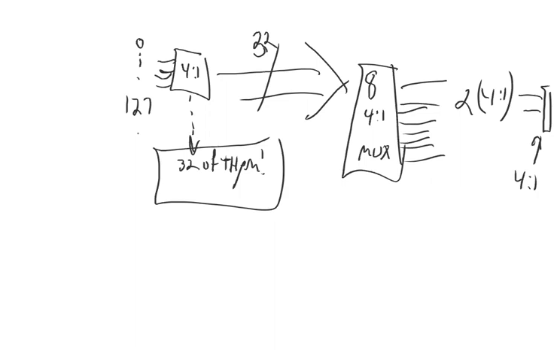Well, I need 32 in the first stage. I need 8 in the next stage, because 8 times 4 is 32. I need 2 in the next stage, because 2 times 4 is 8. And then I need 1 in the final stage. And by the time I'm done, I'm going to have 32 plus 8 plus 2 plus 1, and that is equal to 43, which is what I suspected.